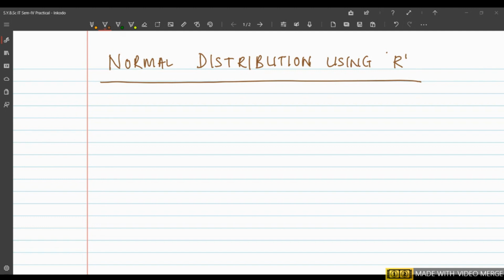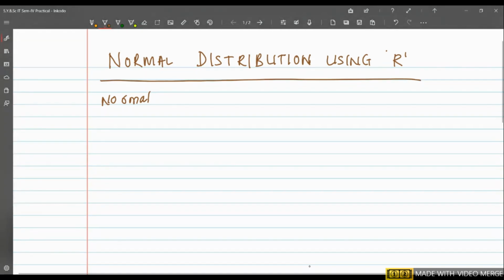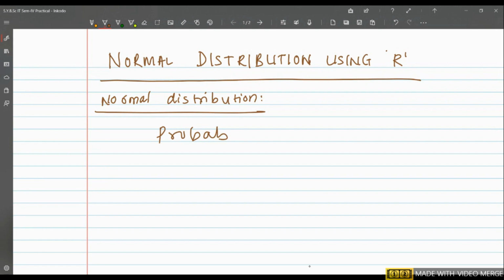So what is actually the normal distribution? Friends, normal distribution is nothing but a probability distribution.